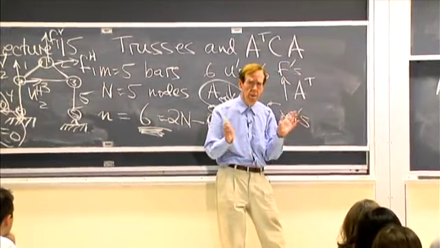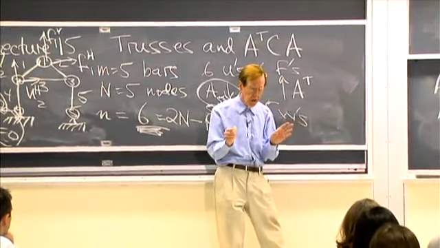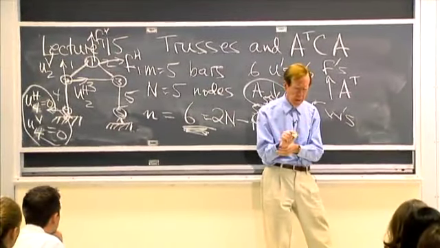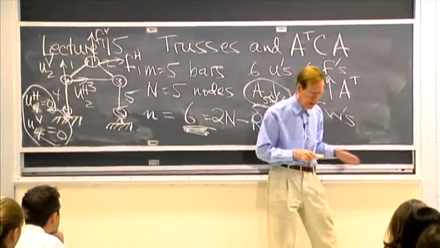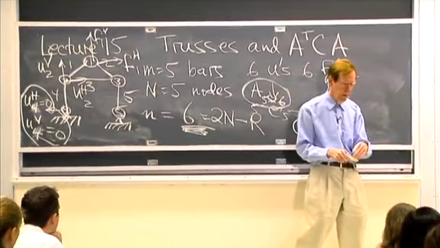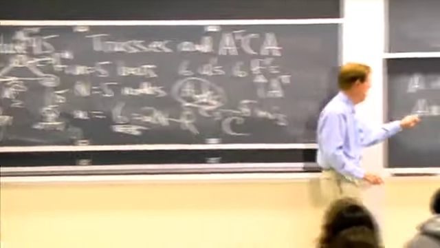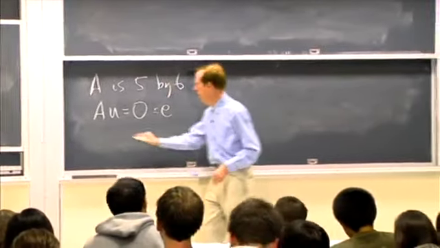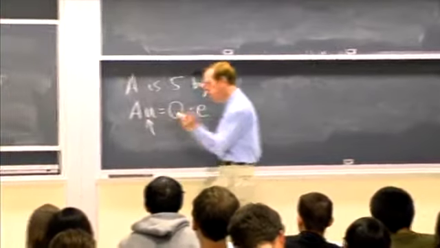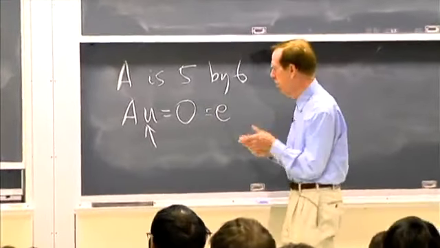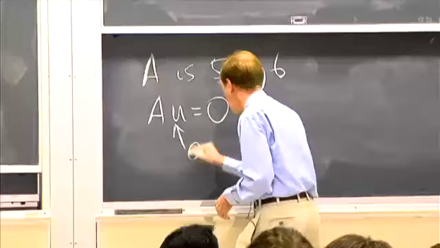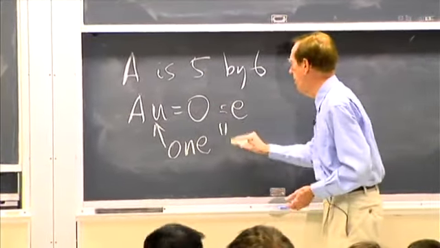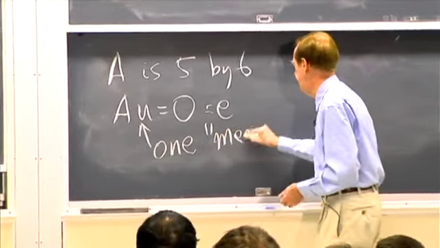I'm going to have probably one solution to this system that isn't 0. I'm probably going to have one set of displacements U. Yeah, look what's happening here. This is AU is the E. So I'm going to have at least one, and probably in this case it will be one. There will be one, the neat word for it is a mechanism.